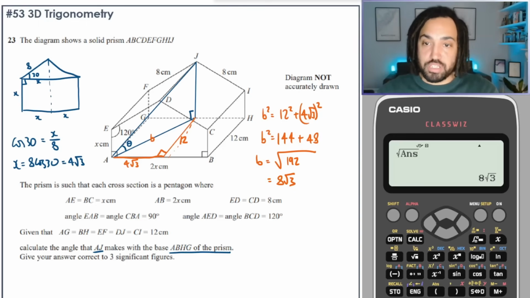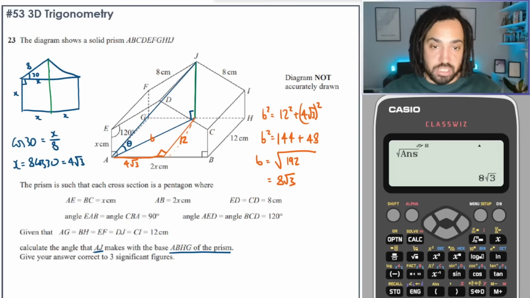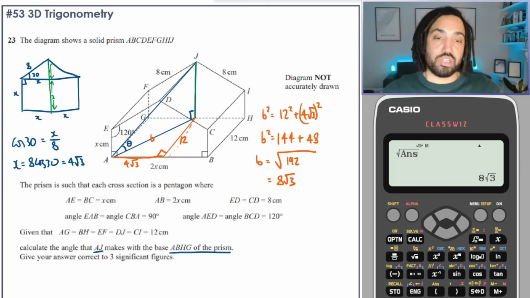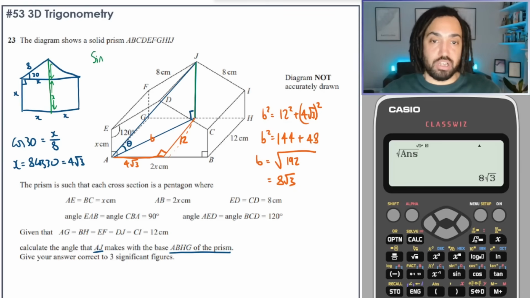And then next, we need to work out another side. I'm going to go for this one, the green side, which is the same as this distance here, which is x up to this point, and then this distance in here is going to be, well, we can use sine to find that out, because sine of 30 is the opposite, which is the distance we're looking for, over the hypotenuse 8.